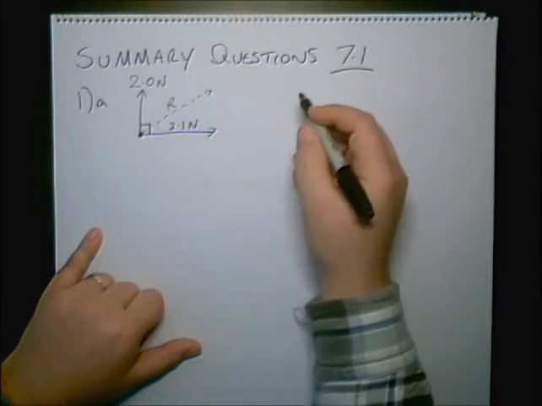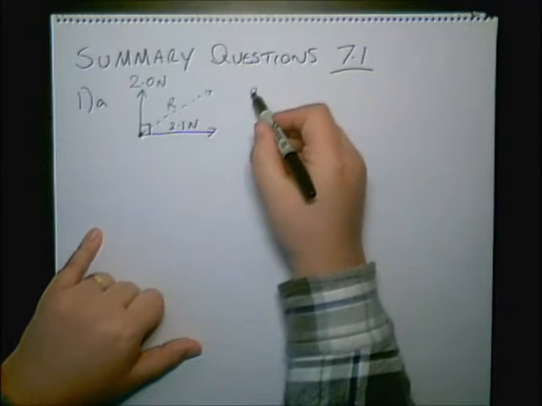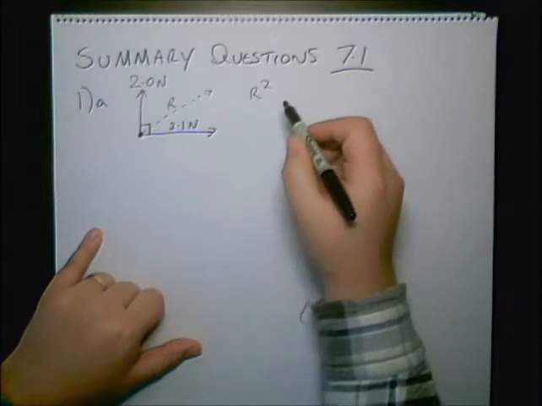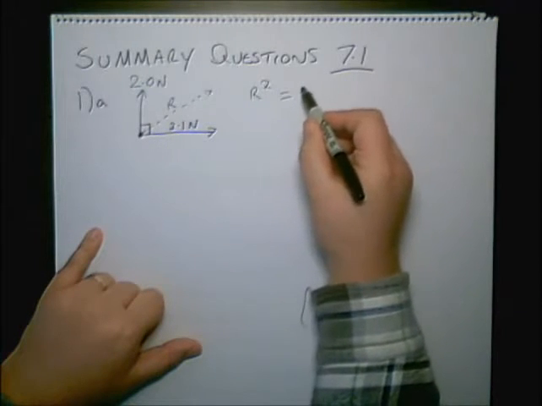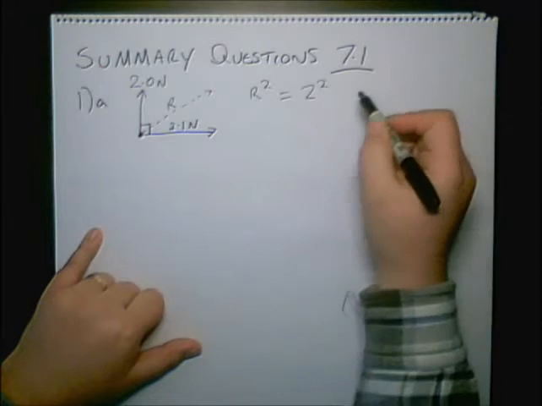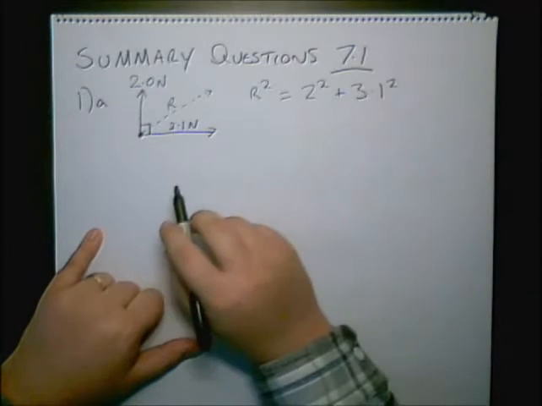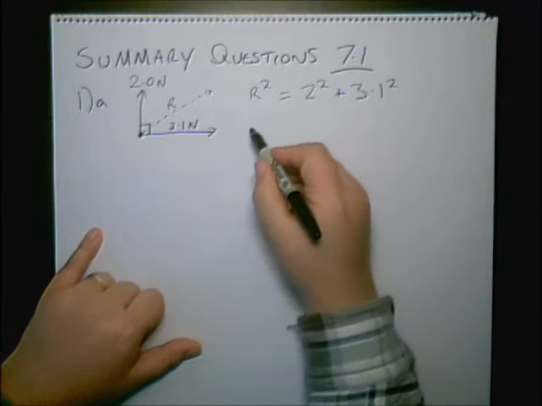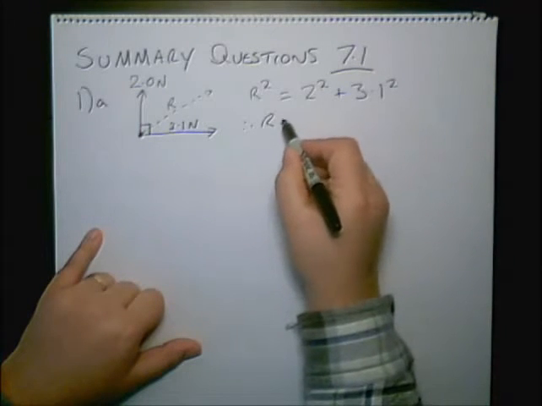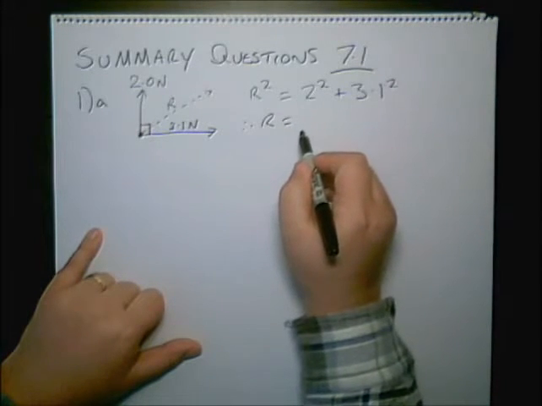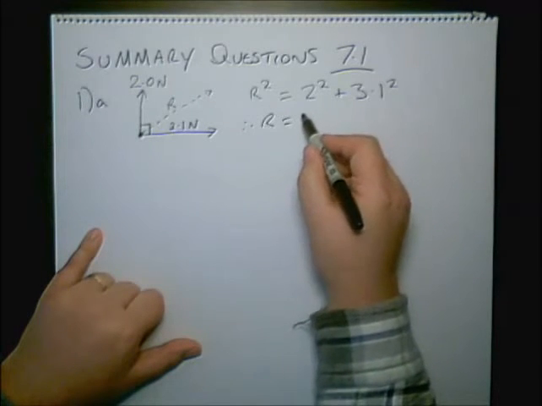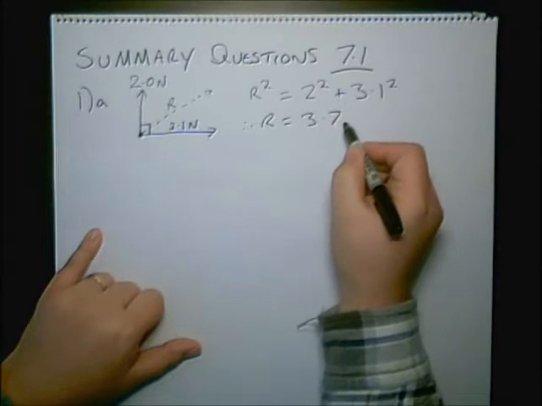We can therefore use Pythagoras theorem to say that r squared will be equal to 2 squared plus 3.1 squared. And therefore r, when you do the calculation, is equal to 3.7 newtons.